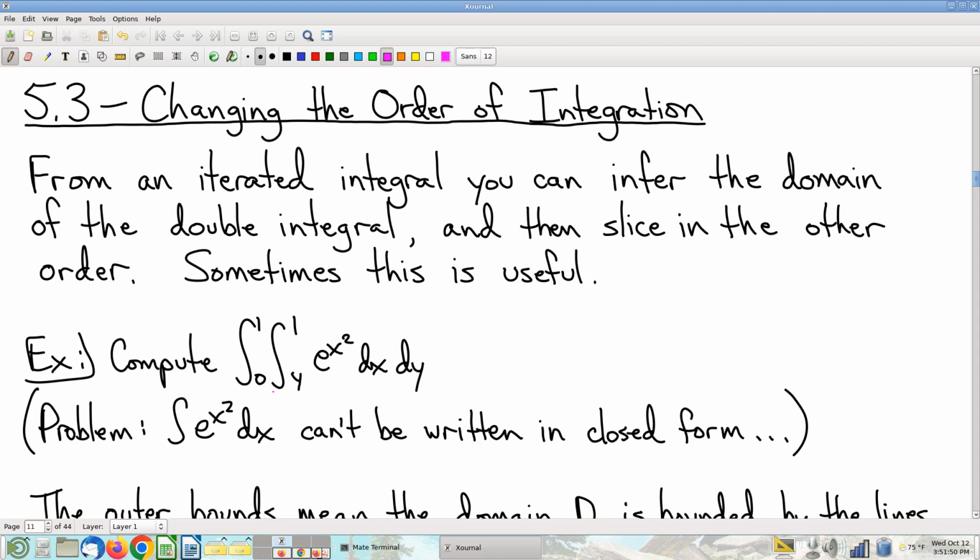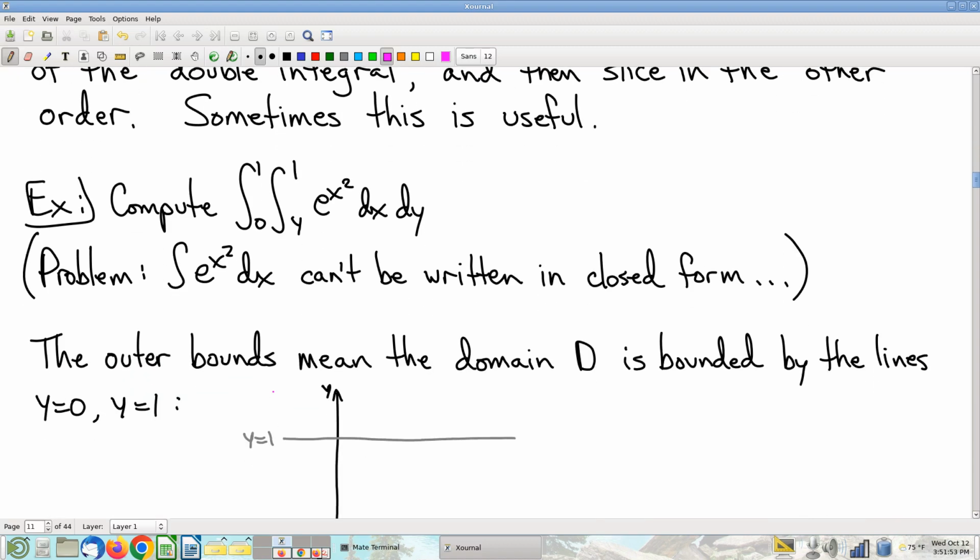So here's the idea. Suppose you have been given an iterated integral to compute. Notice if you were to go straight at it, you look at that inside integral, I have to take an antiderivative of e to the x squared, and y'all may recall from your single variable calculus classes, there is no closed form antiderivative of e to the x squared.